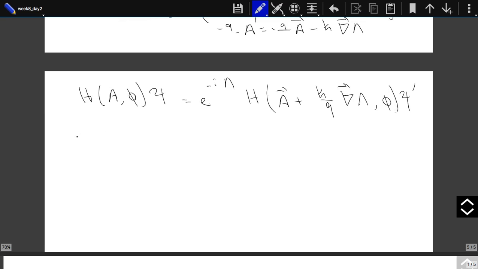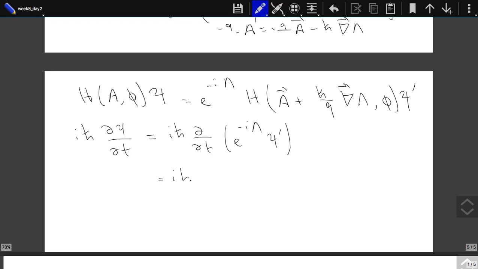We have the I h bar del psi by dt, because the h acting on psi is equal to I h bar del psi by dt. And this is equal to I h bar, the time derivative of e to the power minus I lambda psi prime, which is equal to I h bar times minus I del lambda by del t times psi prime plus e to the power minus I lambda del psi prime by del t.